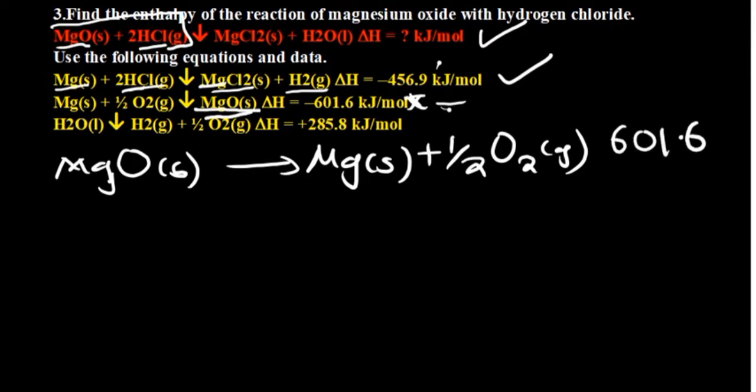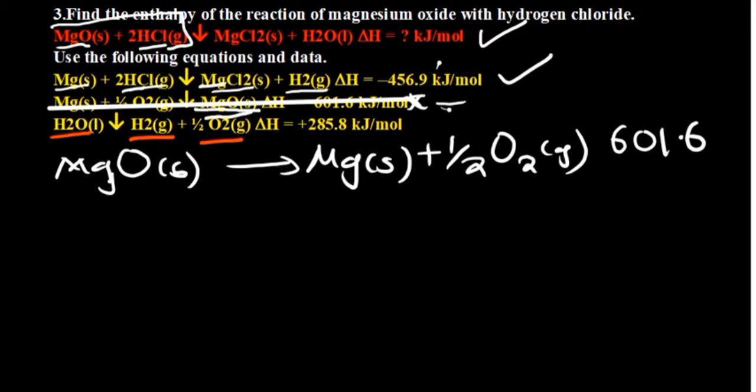Okay, so let's even move it there. Okay, how about the last one? We have water, we have hydrogen, and half oxygen. Anything that is part of the main equation? Yes, we do have water in the main equation. Is it a reactant or a product?